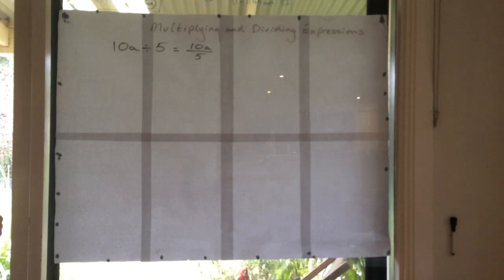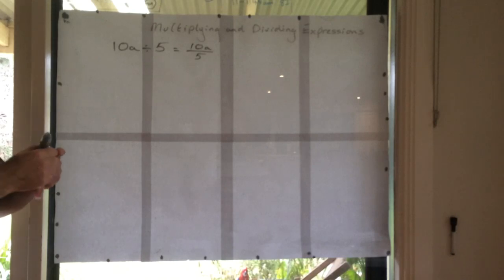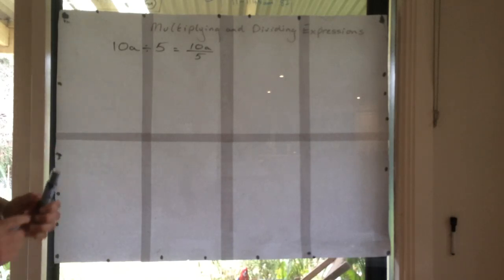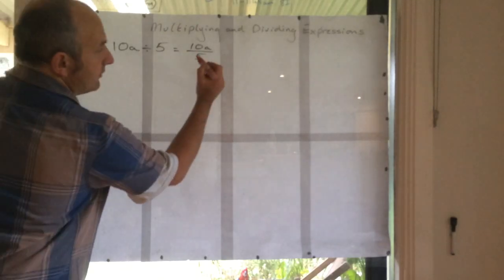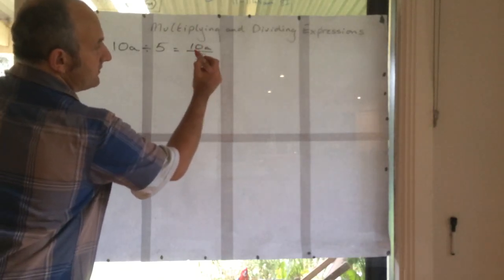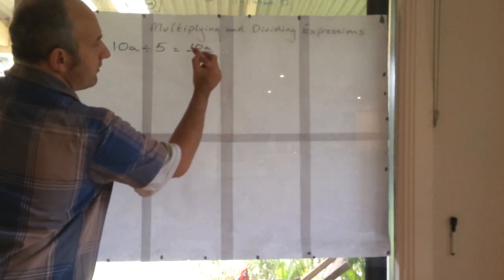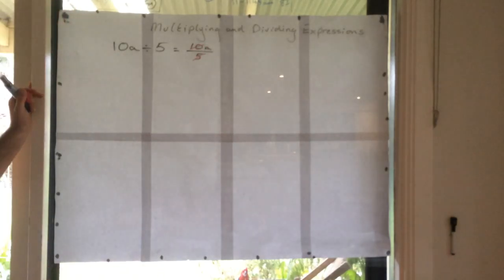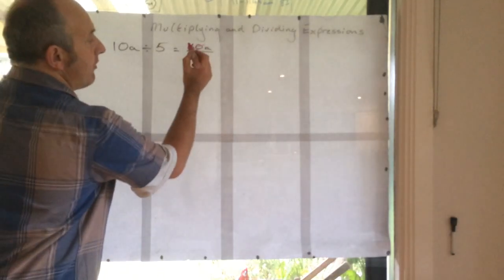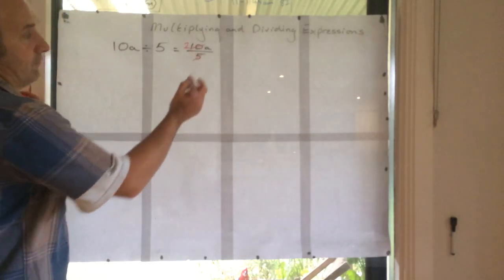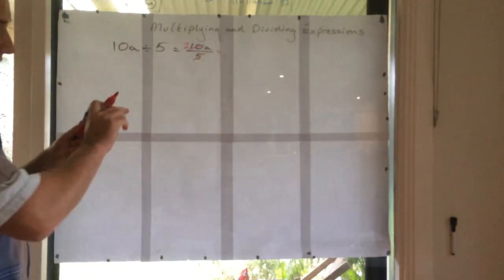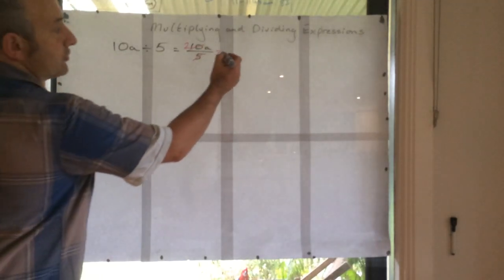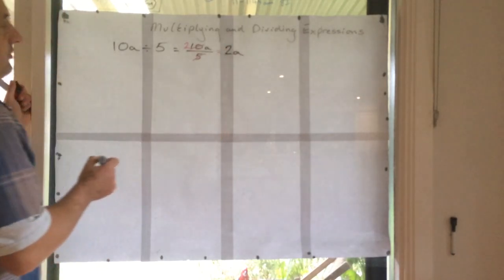So if I've got 10 lots of A and I share it between 5 people, that means each person gets 2 lots of A. Alternatively, if I just do some cancellations here, 5 goes into 10, doesn't it? 5 goes into 10 twice. So we've got 2a.